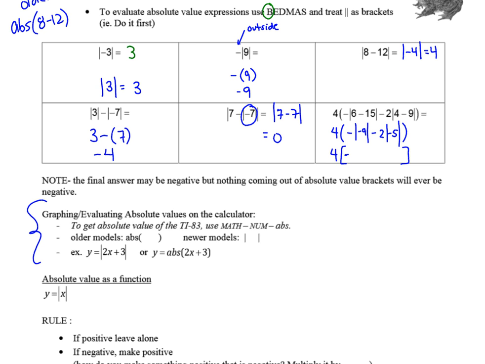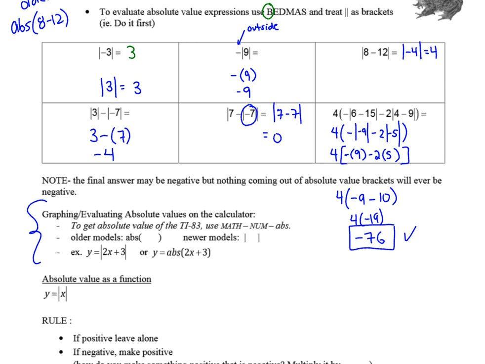So negative 4 times, what's the absolute value of negative 9? 9 minus 2 times, what's the absolute value of negative 5? 5. So instead we have 4 times negative 9 minus 10, or 4 times negative 19, negative 76.